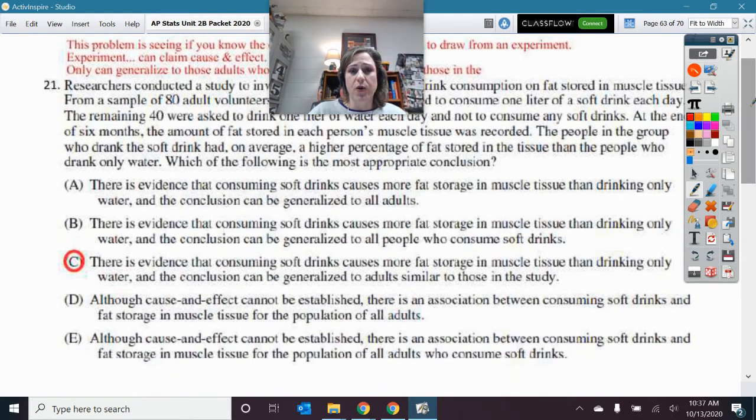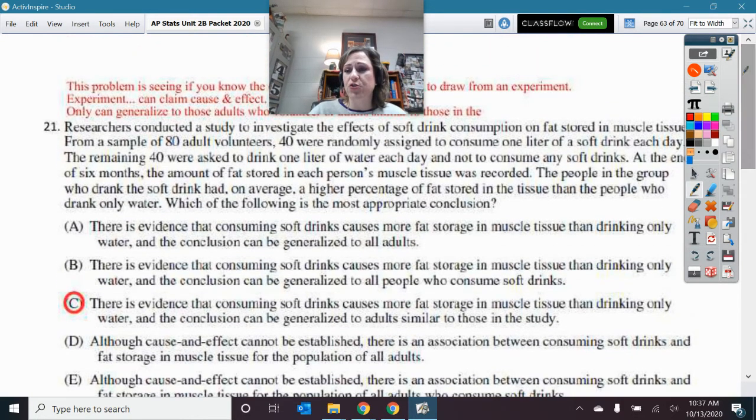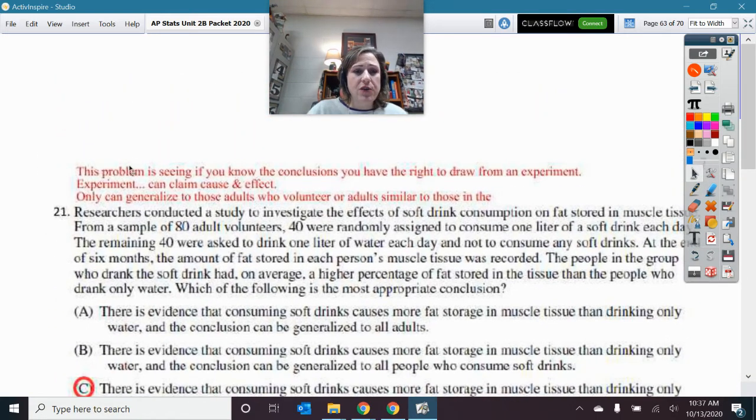Make sure you know what conclusions you can draw from different things. So this problem is seeing if you know the conclusions you have the right to draw from an experiment versus observational study. In an experiment, when you have random assignment, you can claim cause and effect. But you are generally limited on who you can generalize to because a lot of times, not always, they are volunteers.